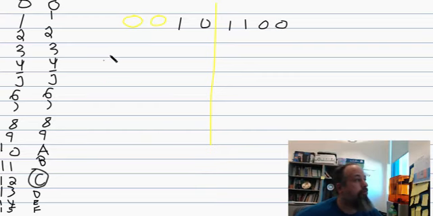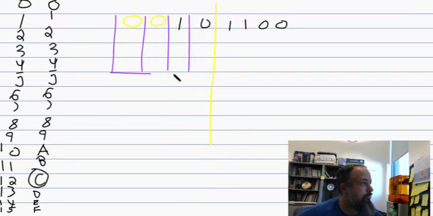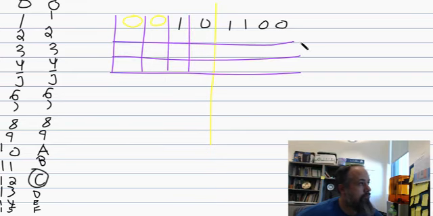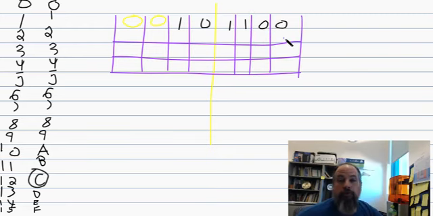So now, just like before, we're going to draw our chart. Just like before, we're going to put our powers of 2. And over here, 2 to the 0, 2 to the 1, 2 squared, 2 cubed.